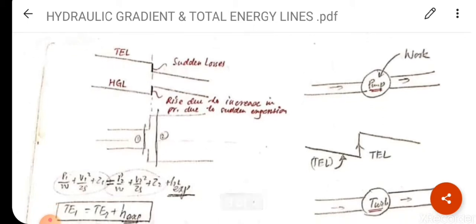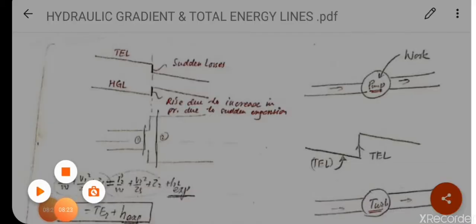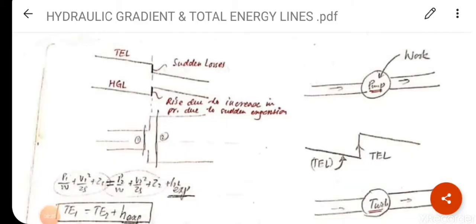So this part is known as, first part is at point 1, the smaller diameter pipe. So second part is larger diameter pipe. So for this case I am discussing that the diameter of pipe is changing.